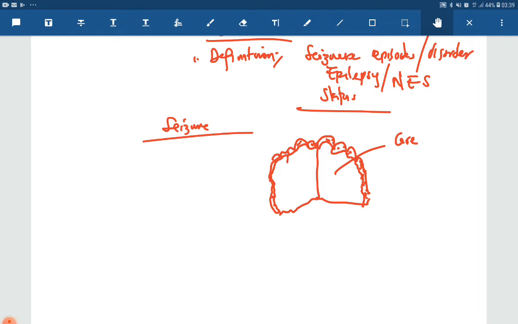They send their axons down, and these axons interact with the other neurons within the brain, that's what we call the nuclei. So the nuclei are the cell bodies within the brain, and these nuclei we call the basal nuclei.